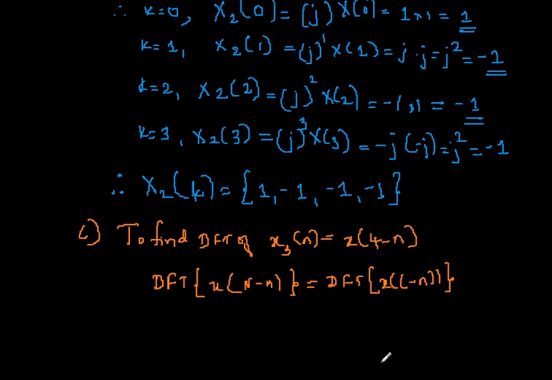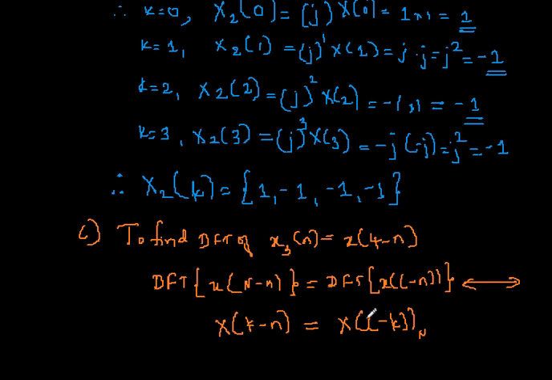Is that okay? What is the DFT of such a sequence? It is equal to x of k minus n, or also equal to x of minus k. So this is what I get.